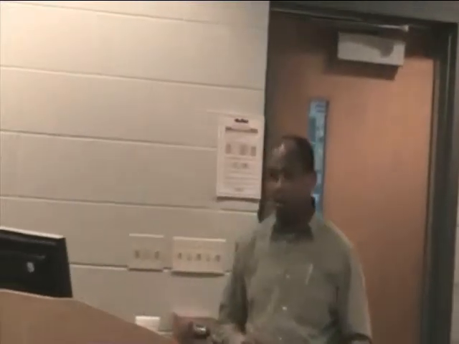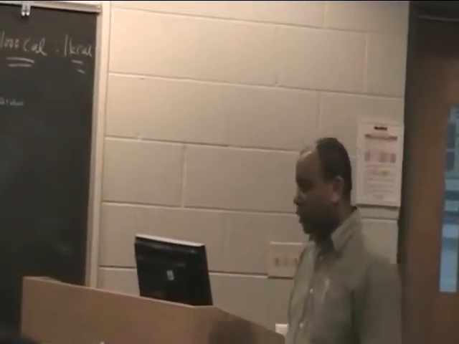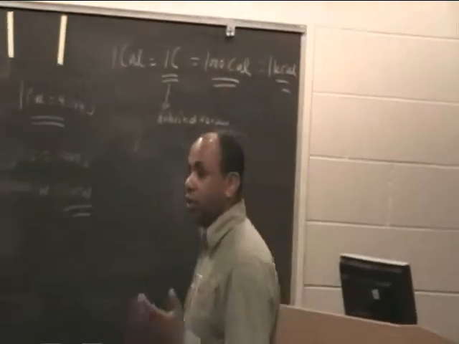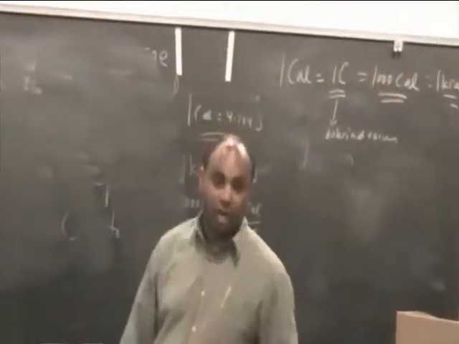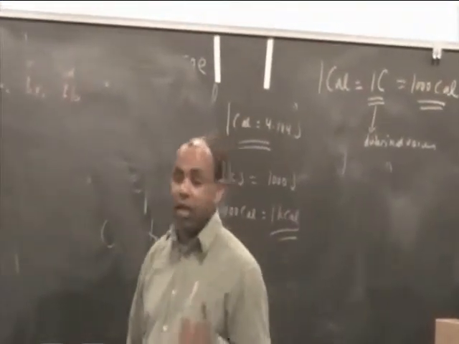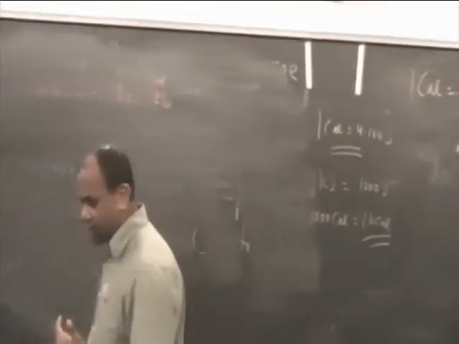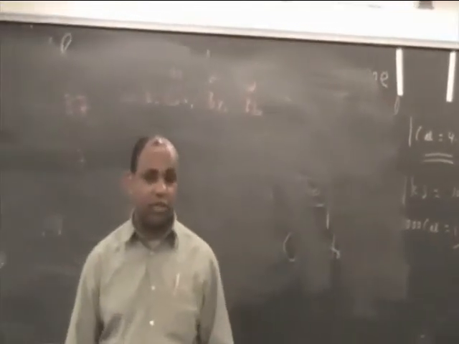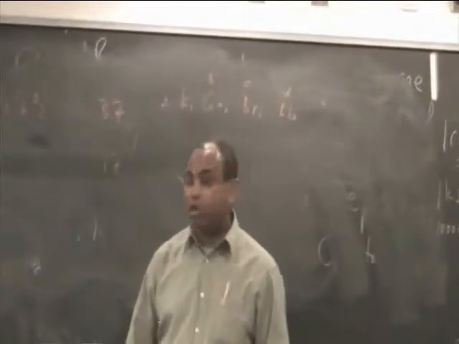How do you answer the question? First of all, 1 gram of protein provides you how many calories? 4. 1 gram of carbohydrates provides you how many calories? It's also 4. So how many grams of protein do you have? 3. And you have 23 grams of what?